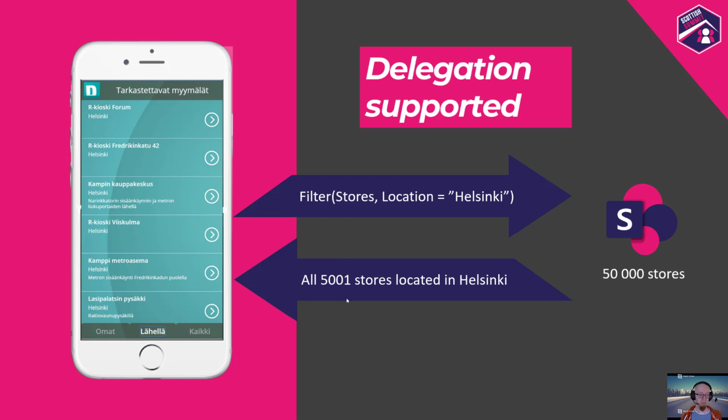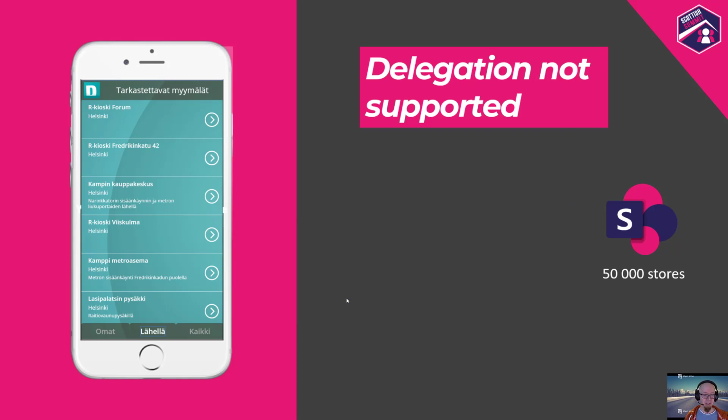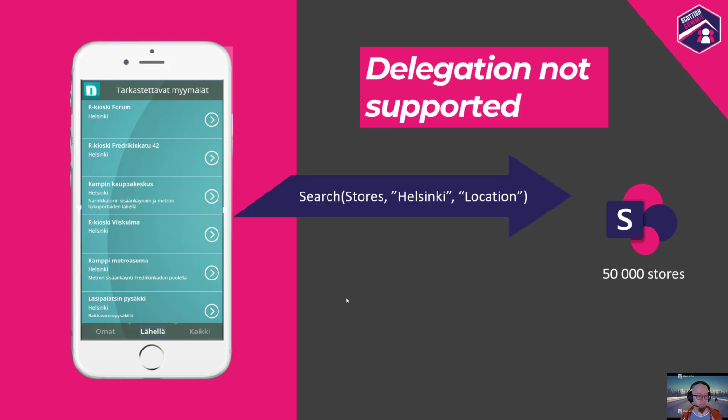Everything is fine. But now let's do this same thing a little bit differently. Instead of a filter query, we do a search. So now we are searching all the stores whose location column has the value Helsinki. It seems to be very, very similar. But the search query cannot be delegated to SharePoint, and now we get the yellow triangle.